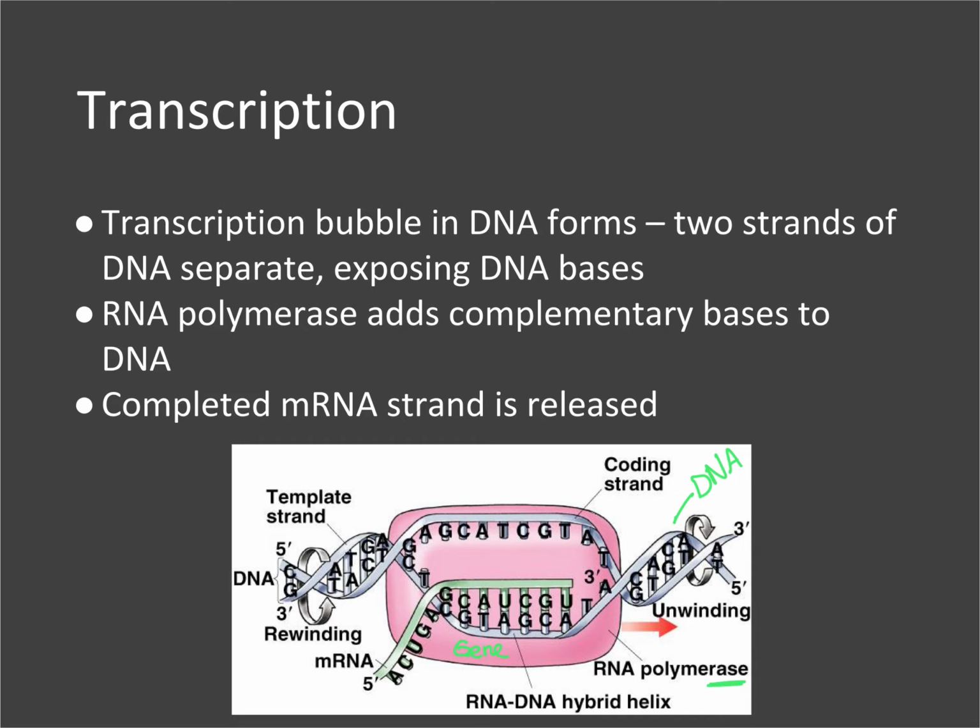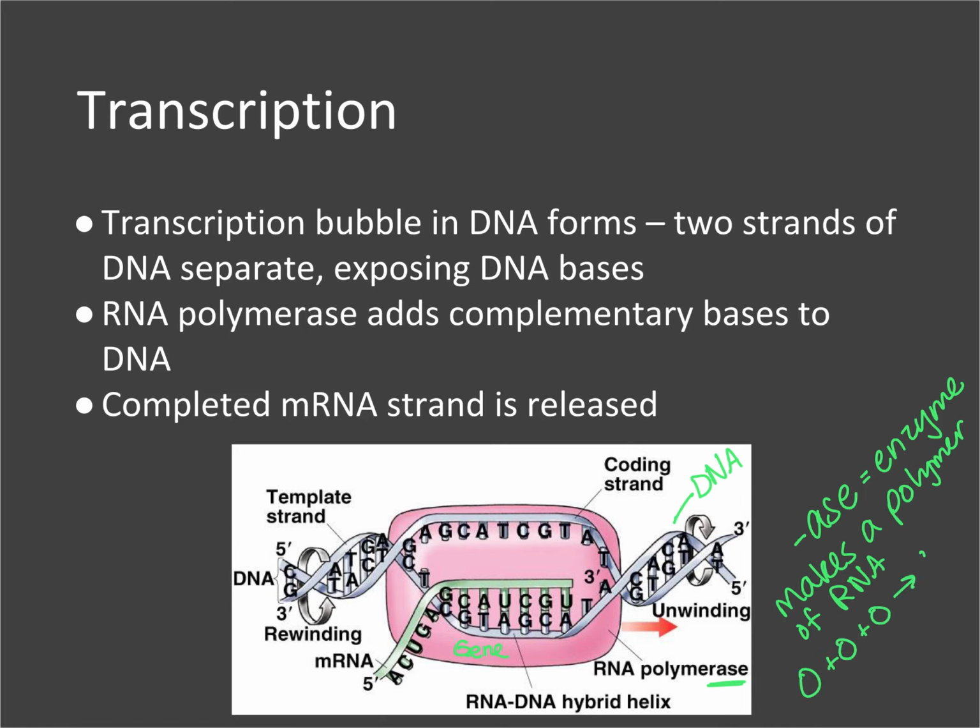And it's an enzyme that makes a polymer of RNA. So it's taking those nucleotide monomers and putting them together in order to form a polymer, which is a longer, bigger strand of RNA.